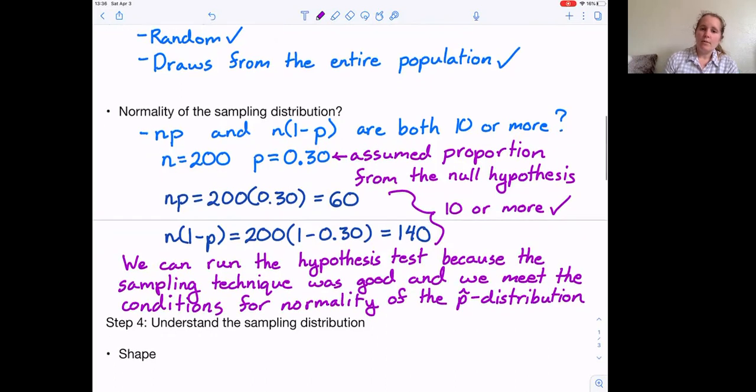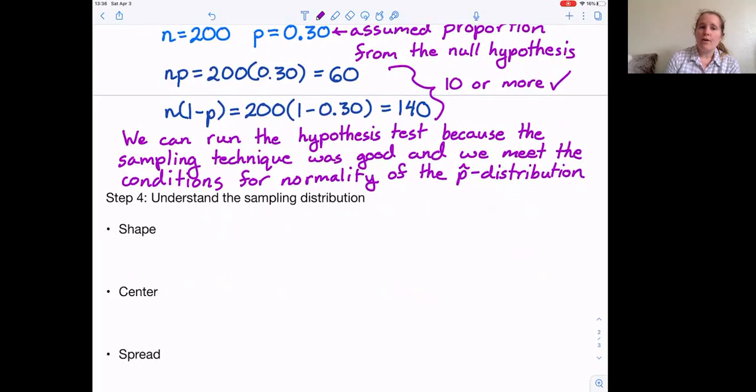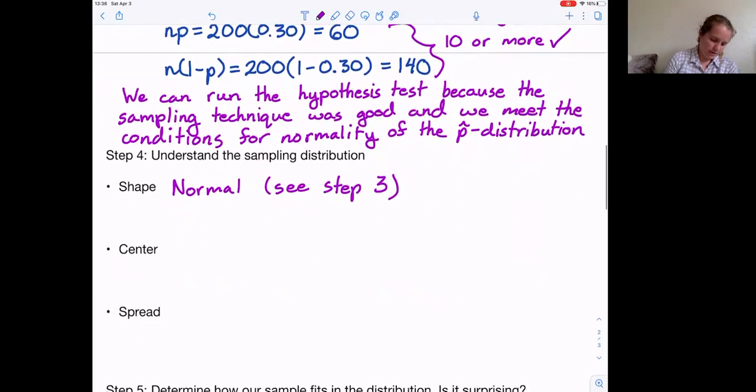From here, we need to study our p-hat distribution. We already did normal, as we saw in step 3. Our center, mu sub p-hat, should be equal to p. So mu sub p-hat is our assumed 0.30.